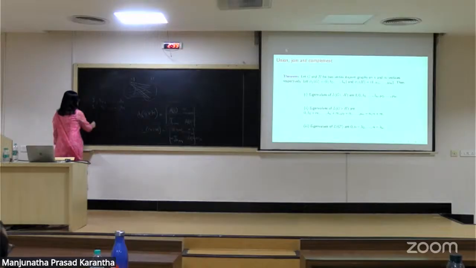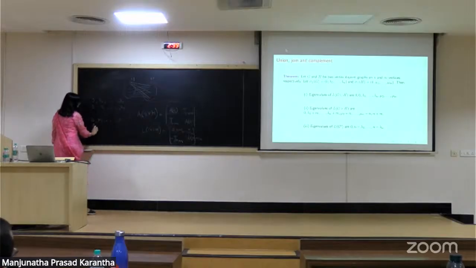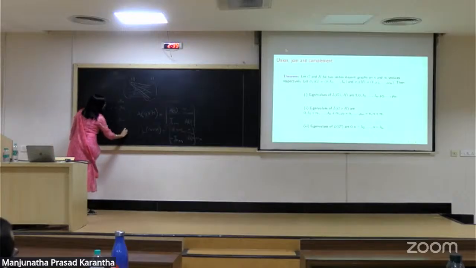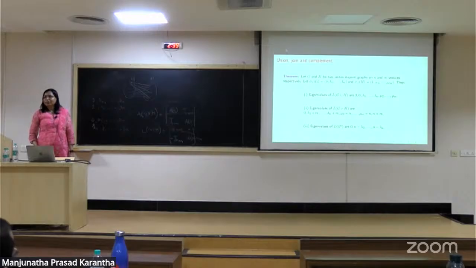Similarly, I'll take the other one, and let's write the vectors first. Now, can we use these vectors and their eigenvectors for the join? Can we do it?